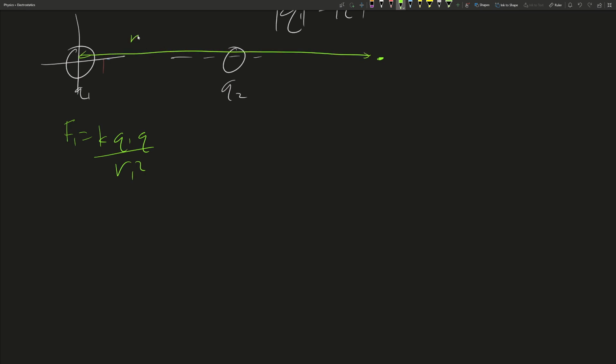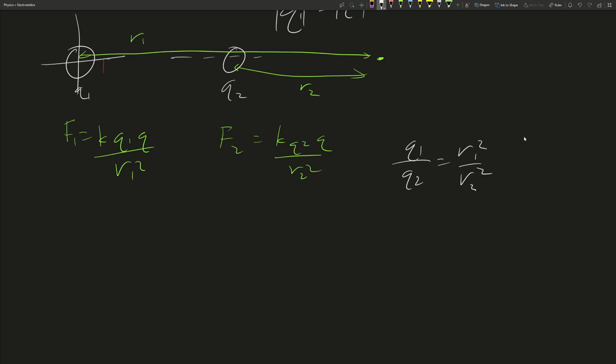So this is R1, and then R2 is going to be here. And so we know force 2 is equal to K Q2 over R2 squared. Since these forces are the same, the equation turns out to be the same, and we have that Q1 over Q2 is equal to R1 squared over R2 squared.